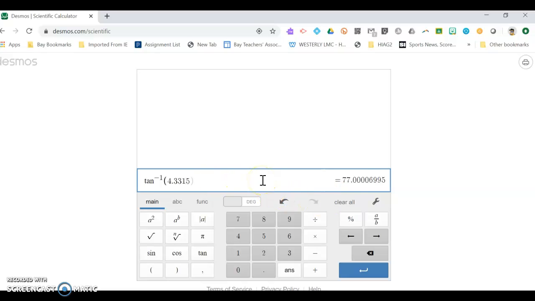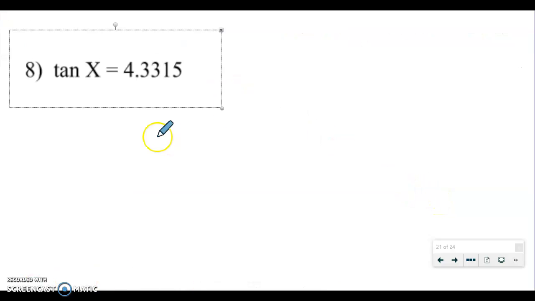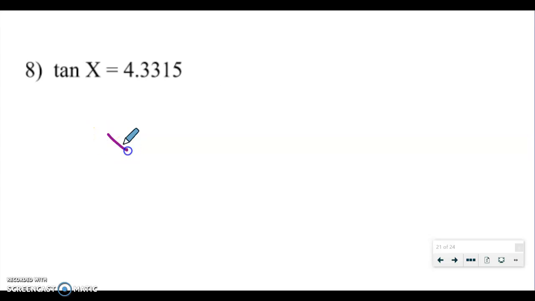Okay. And it looks like it's 77 degrees. Okay, so if I just clear all and I just press tan of 77, I get the value that I was looking for. So X turns out to be 77 degrees.